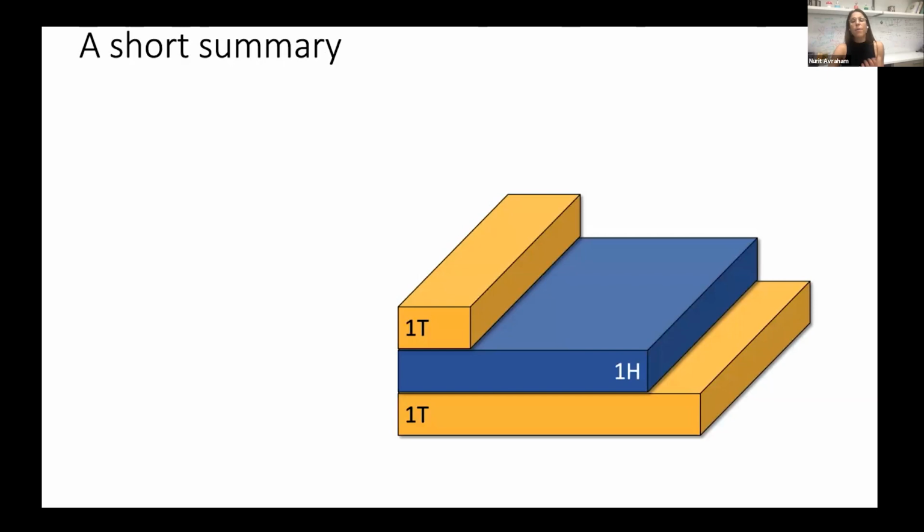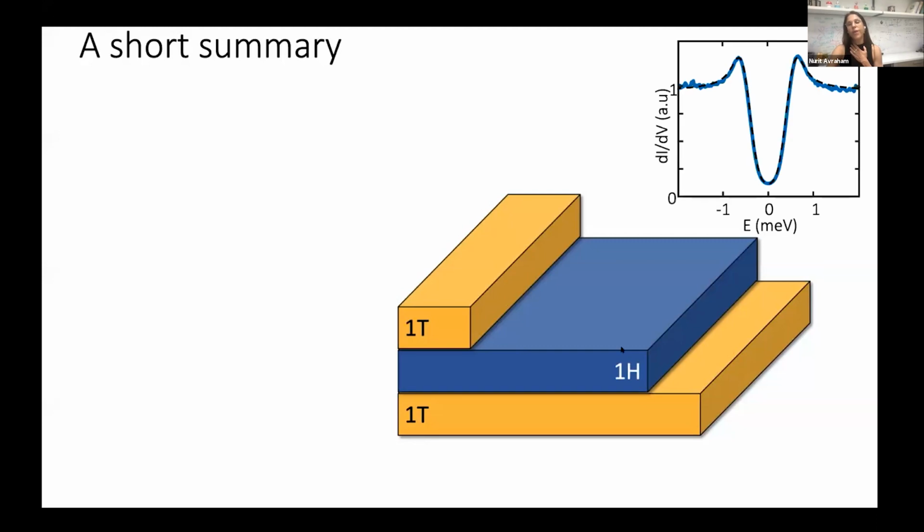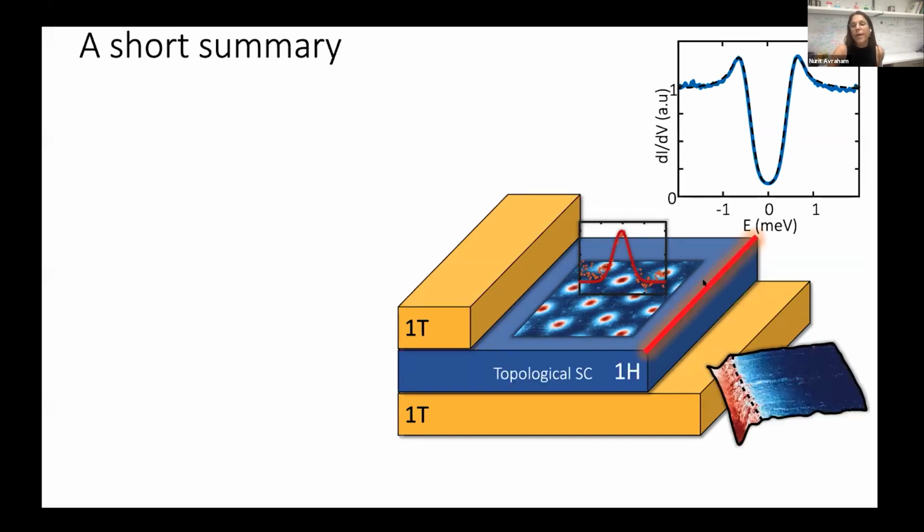So just to summarize what we have seen so far, we see that on the 1H layer, we have a superconducting behavior with gapless behavior. We see that the vortices host a zero bias peak. And then we found out that the 1H termination shows a boundary mode that is localized to the physical termination of the 1H.